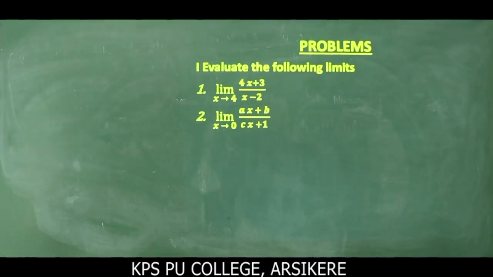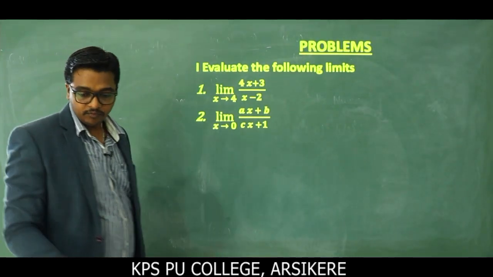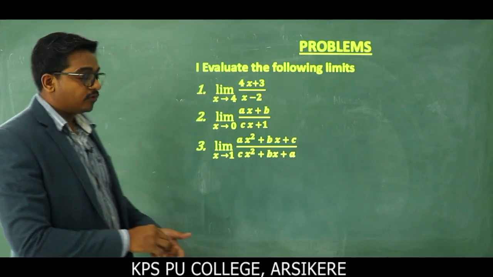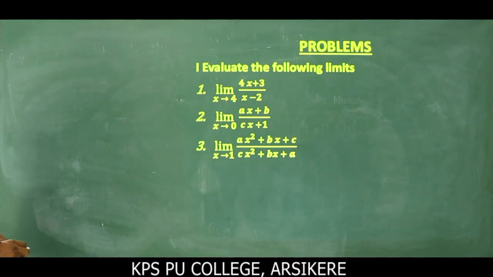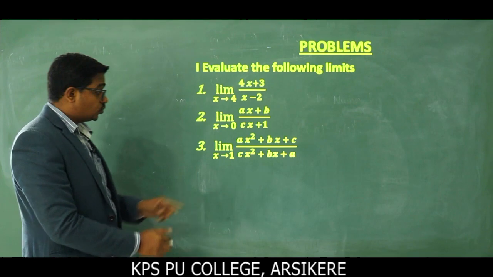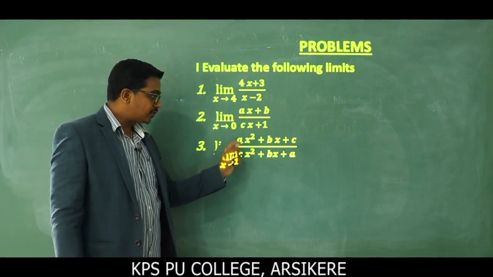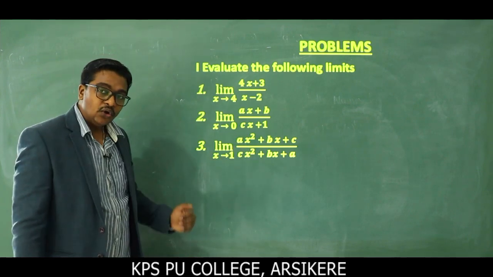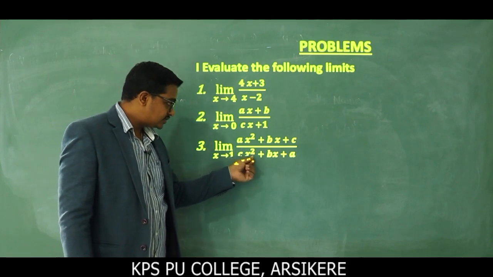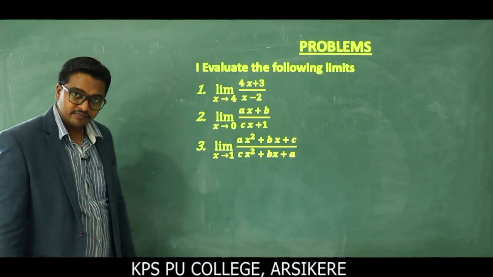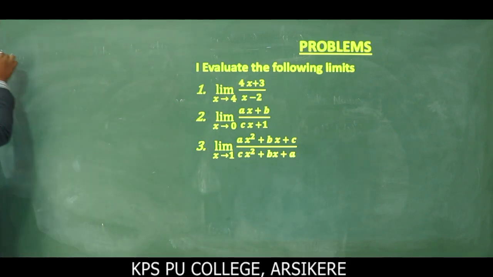Now dear children, we are moving to the next problem. Problem number 3. Here we have limit as x approaches 1 of (ax square plus bx plus c) whole divided by (cx square plus bx plus a). Third one, solution.